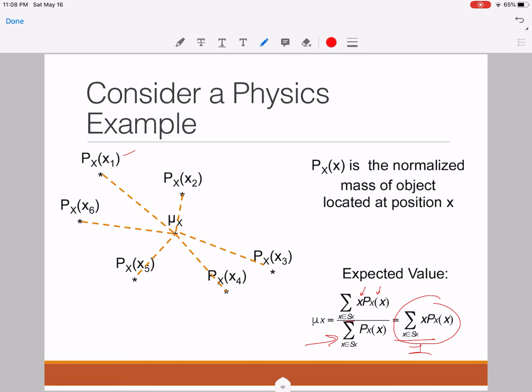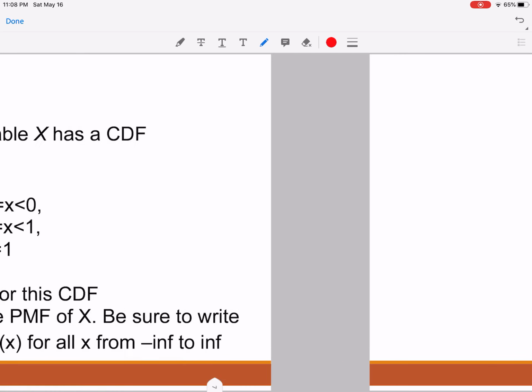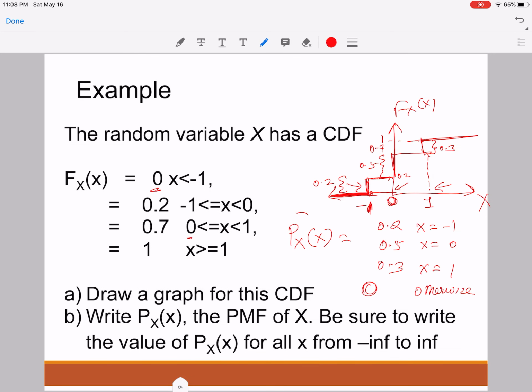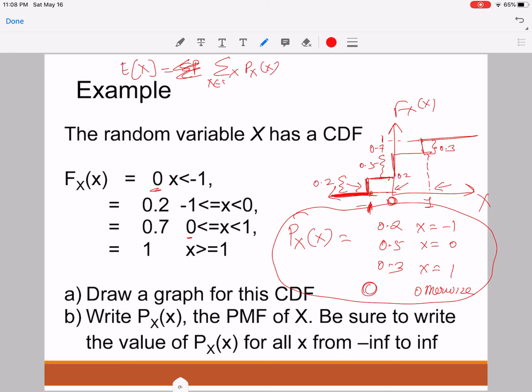So this is the formula that I use to calculate the center of mass or the expected value of a random variable x. So for instance, if I wanted to evaluate the expected value of this random variable denoted by this PMF, all I need to do is the summation of x times the PMF of x for x belonging to the sample space, and the sample space contains x's -1, 0, and 1.